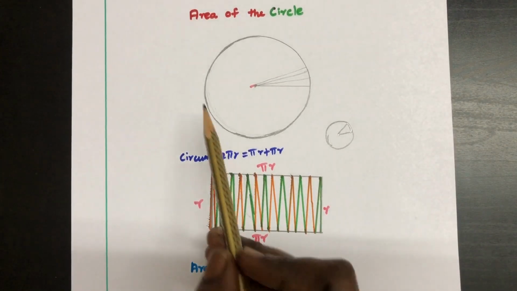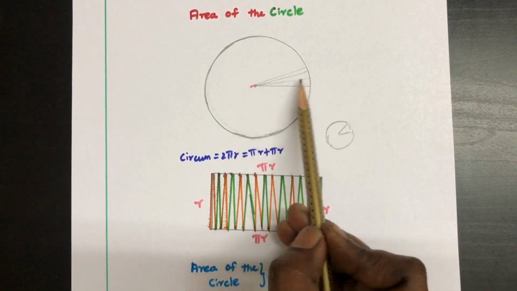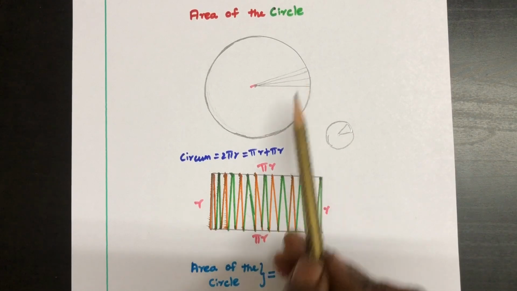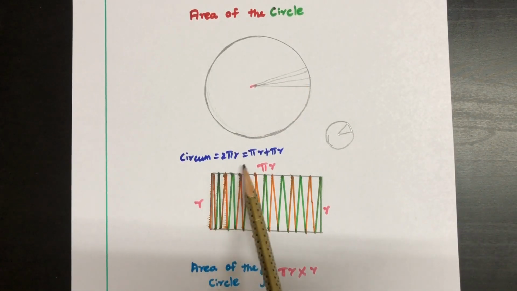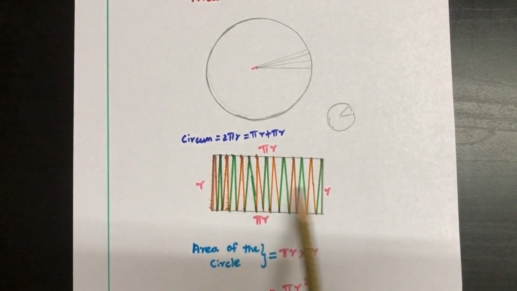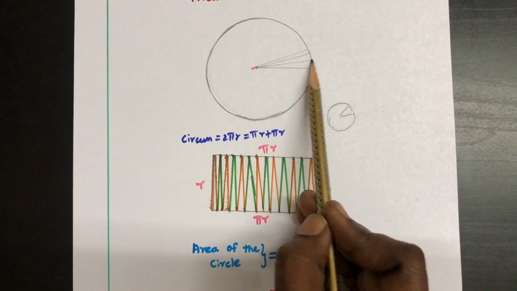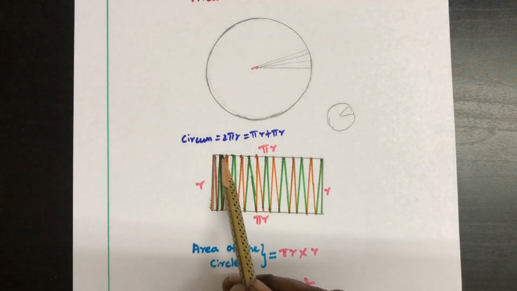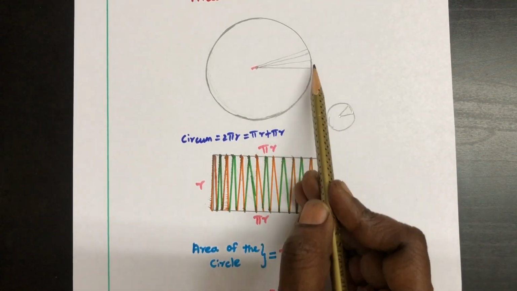Now, what we have done here is, if you divide this circle into so many small sectors and arrange all the sectors like this, one and the other, what will we have? See, this is the sector portion, right? If it comes here and here, we are arranging it zigzag.